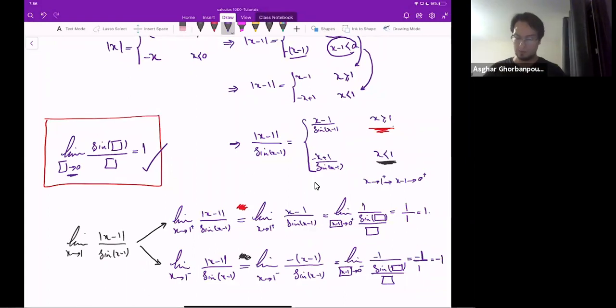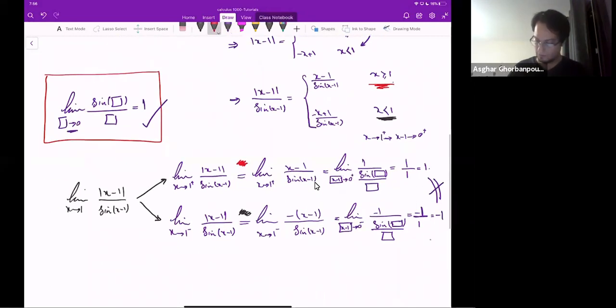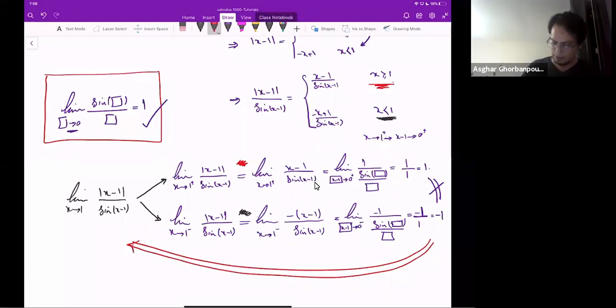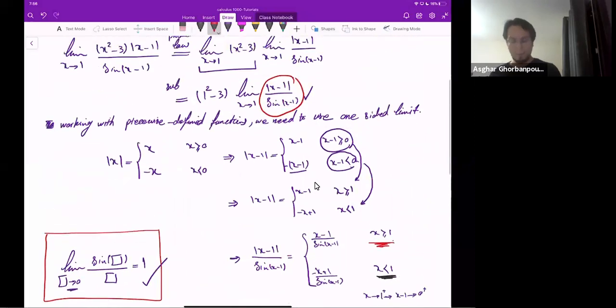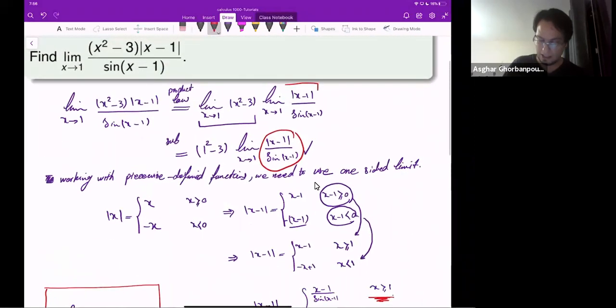What can I conclude from it? The right limit and left limit are not equal. That means this limit does not exist. So I conclude that this limit does not exist. Then going back up, this limit does not exist, multiplied by a number which is, I don't know, negative 2.